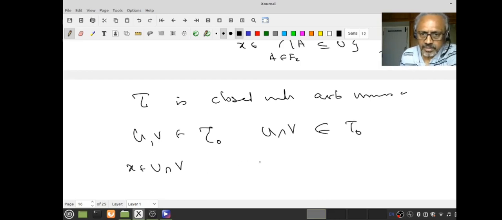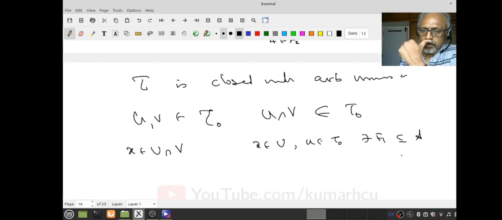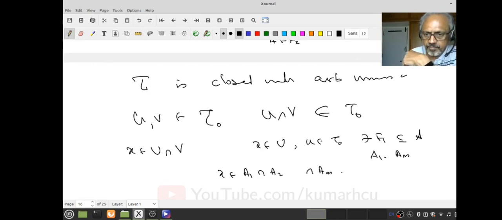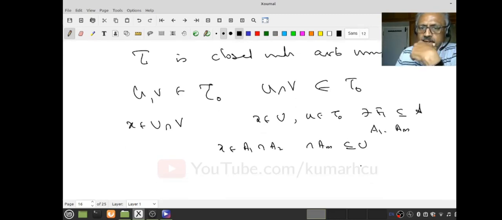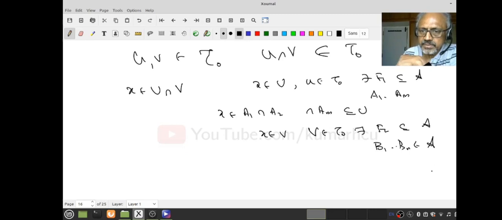Since X belongs to U and U is in tau naught, there is a finite subcollection F1 of script A. If you want, call it A1 to AM, so that X belongs to A1 intersection A2 intersection AM, and that is contained in U. Similarly X belongs to V, and V belongs to tau naught, that implies there is a finite subcollection F2 in script A, call it B1, B2, Bn in script A, so that X belongs to B1 intersection B2 intersection Bn, that is contained in V.